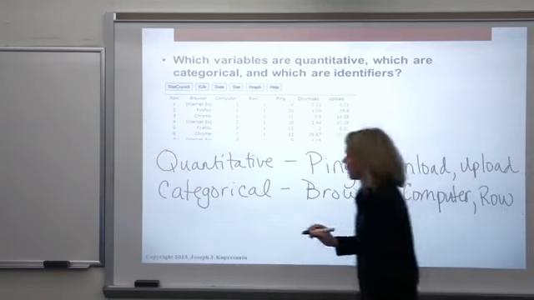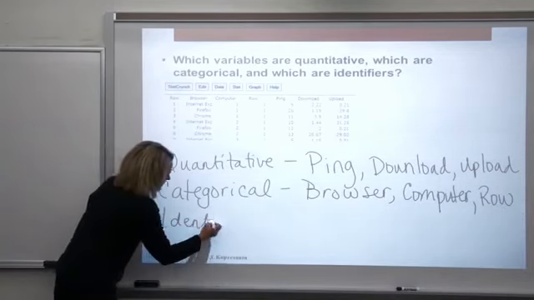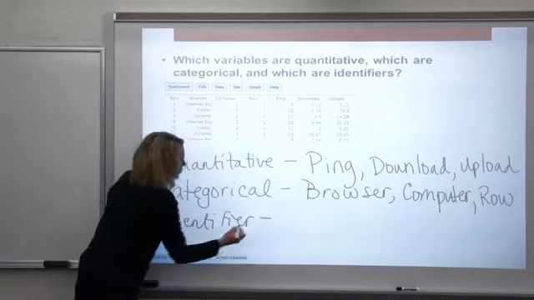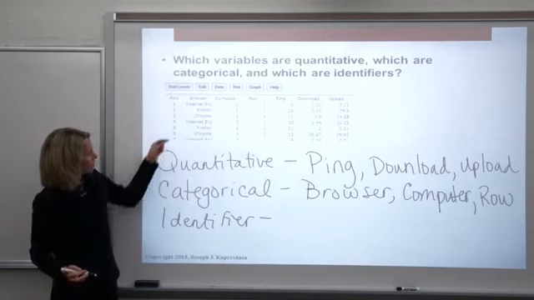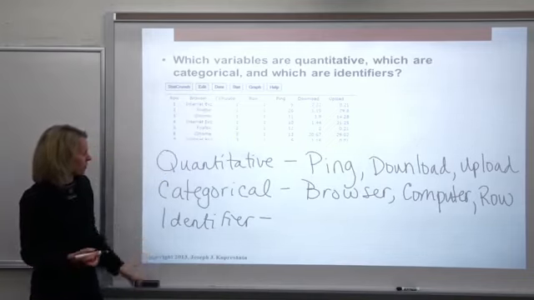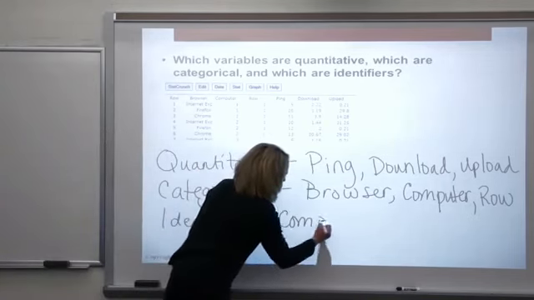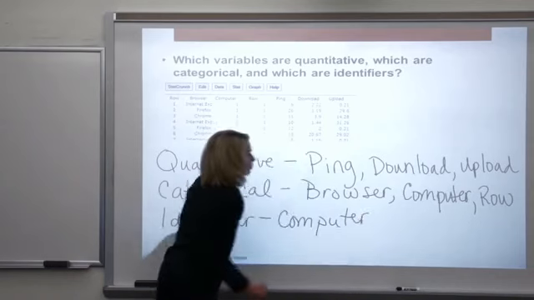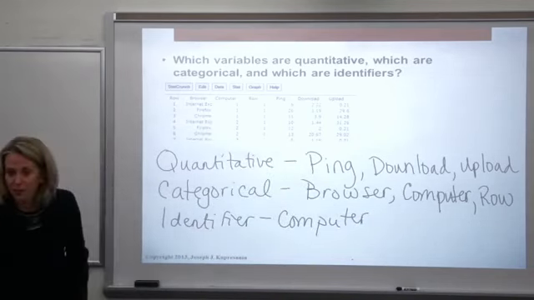As far as identifier variables, again, they are sort of a subgroup of the categorical variables. The variable here that identifies where we were is computer. That identifies which computer we were on when we did the testing. So I have it up there as categorical, but this is also the identifier variable for this problem. Okay, and I believe that that's the end of this video.